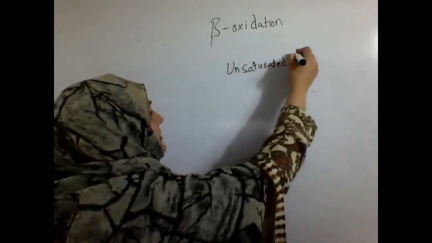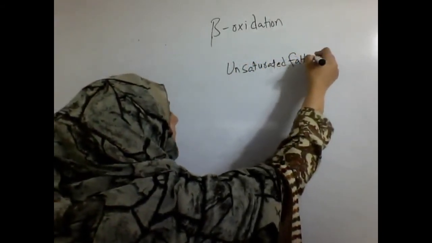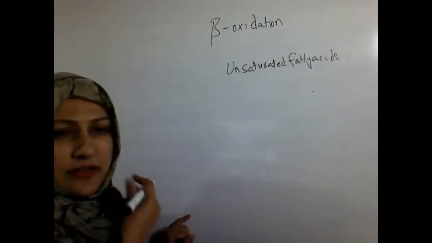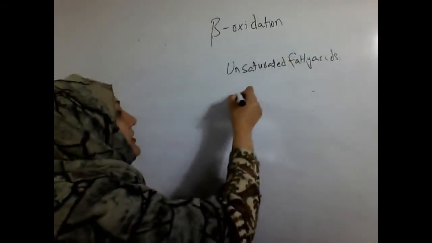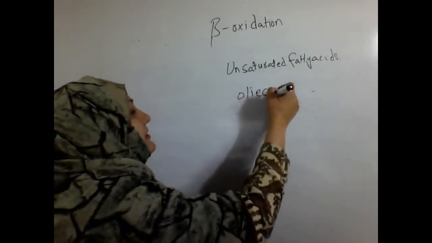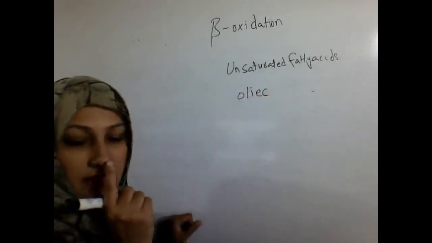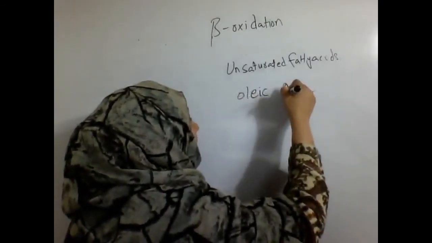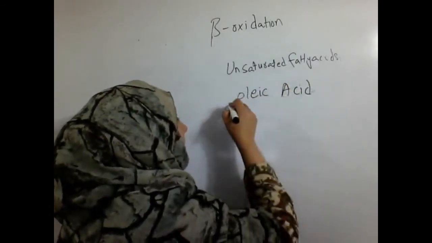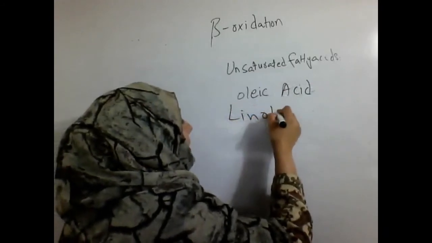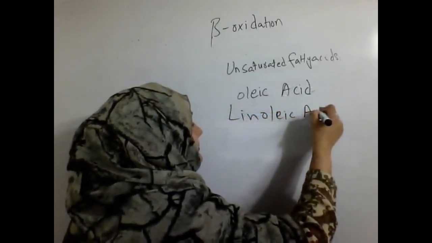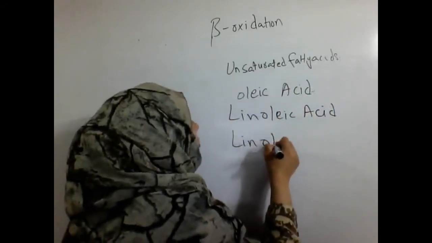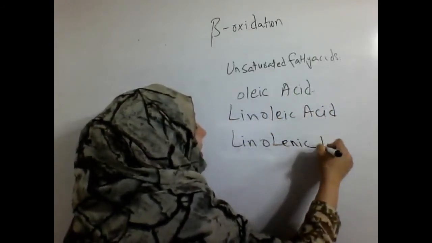In case of unsaturated fatty acids beta oxidation, the examples are oleic acid, linoleic acid and linolenic acid.